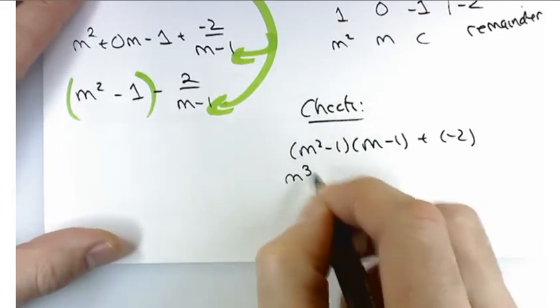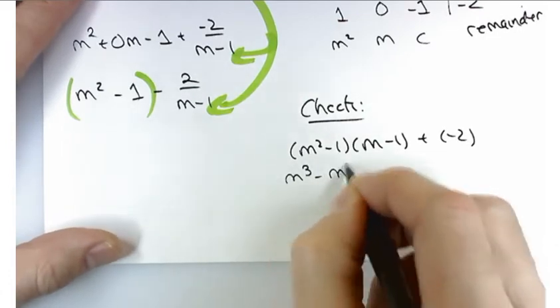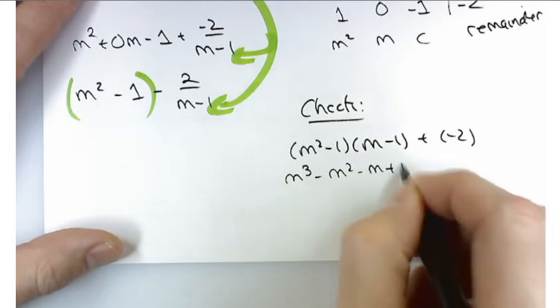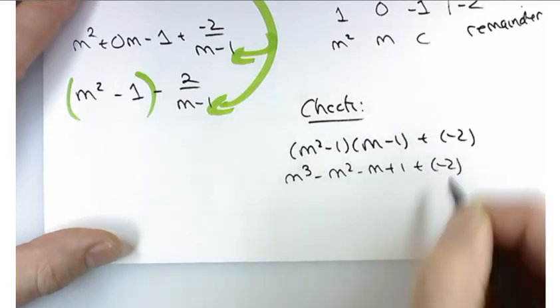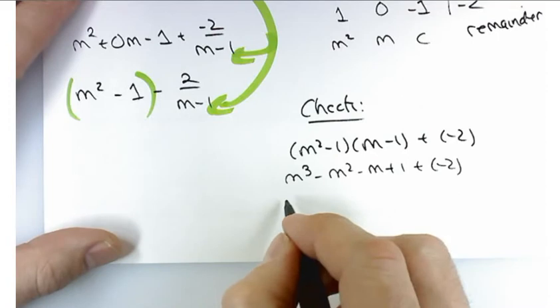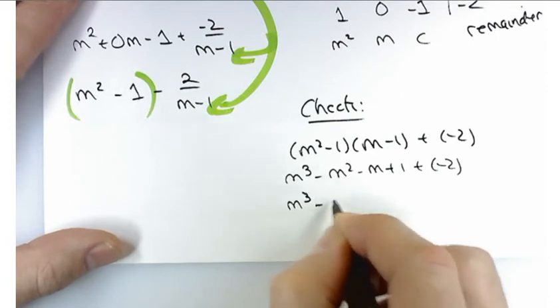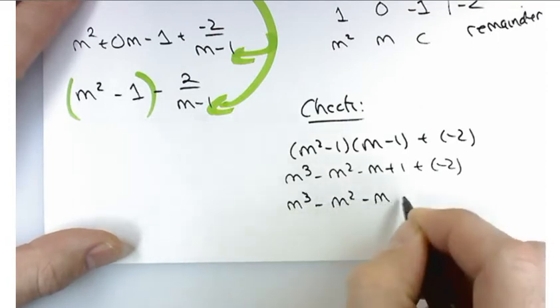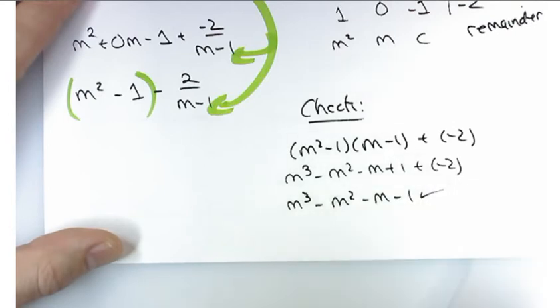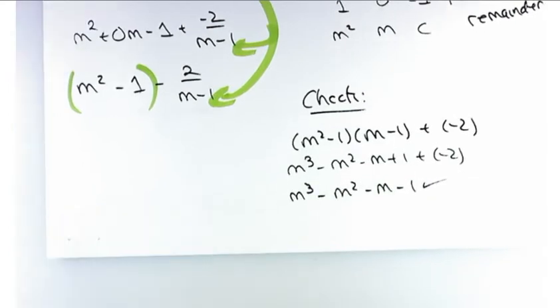It's m cubed minus m squared minus m plus 1. And when I add the negative 2, I get m cubed minus m squared minus m minus 1. So it checks. Good? It's nice. You're kind of a unique class that you actually want to check that. That's good.